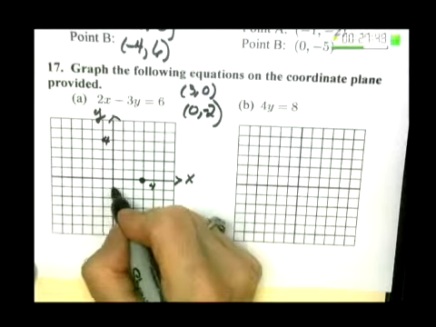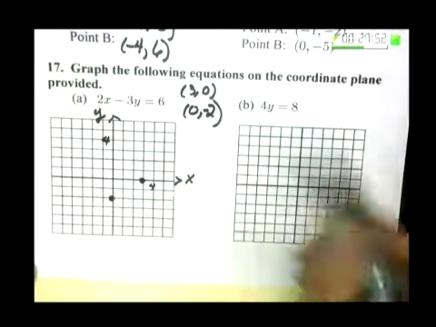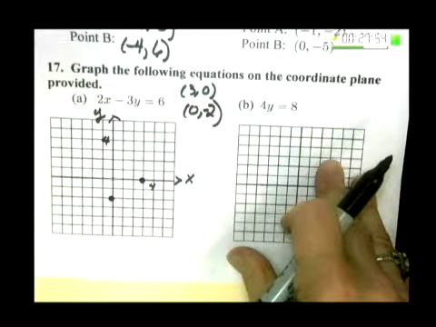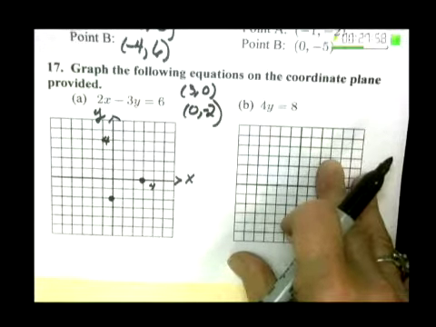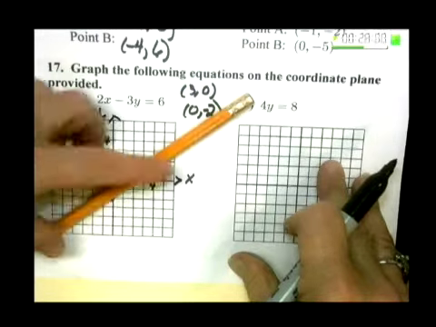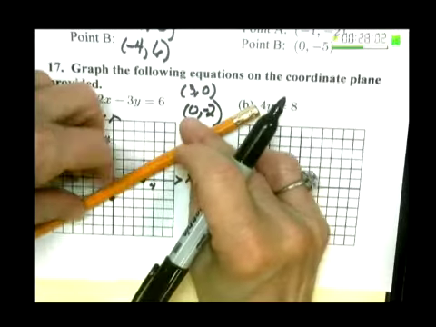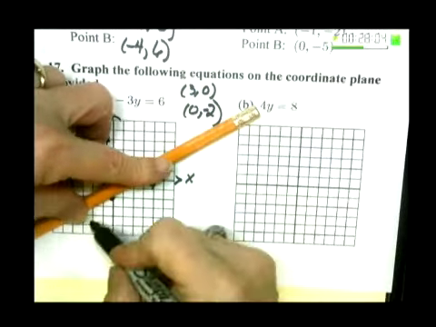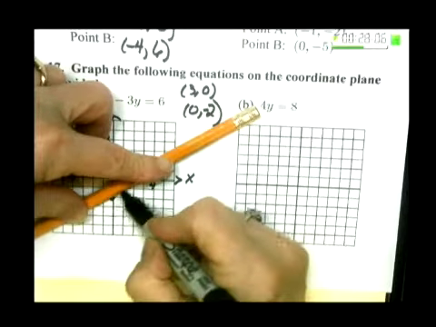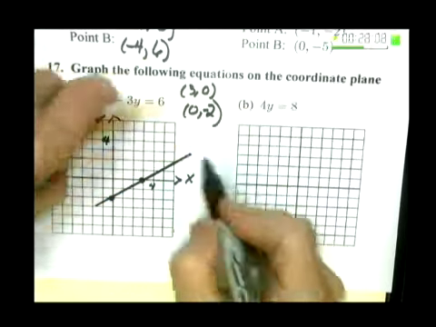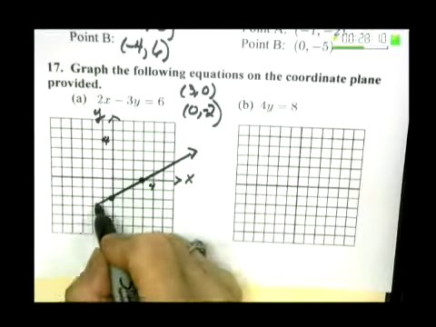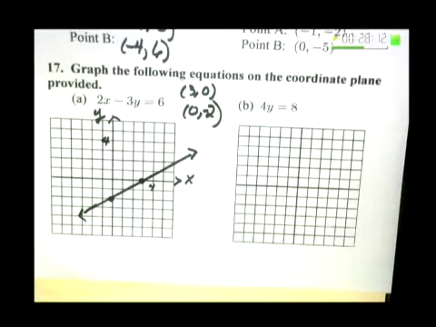And 0, negative 2, 1, 2. And 2 points determine a line. So if I want to graph the line now, I just connect those 2 points. And I get my line. That's graphing with the x and y intercepts method.